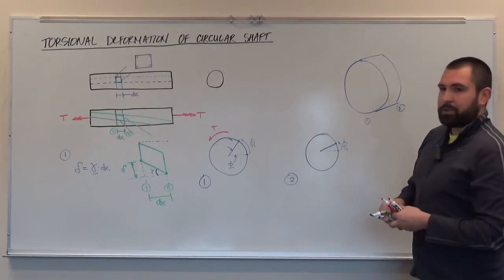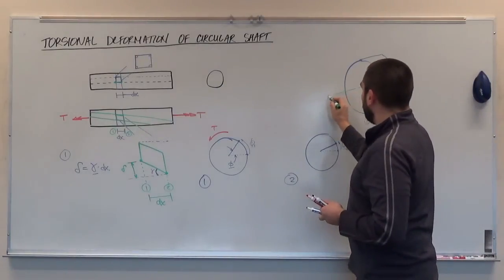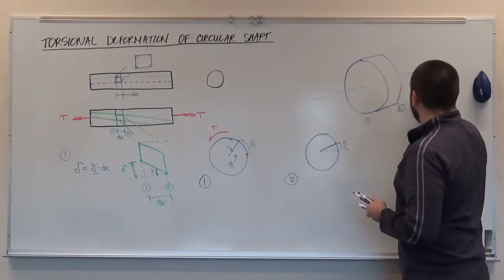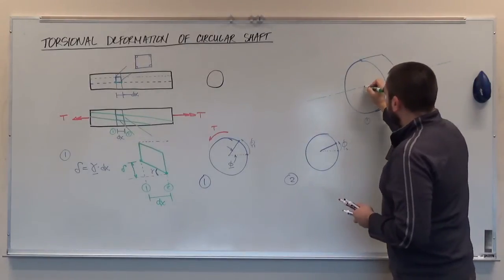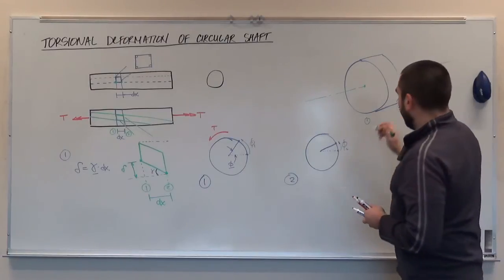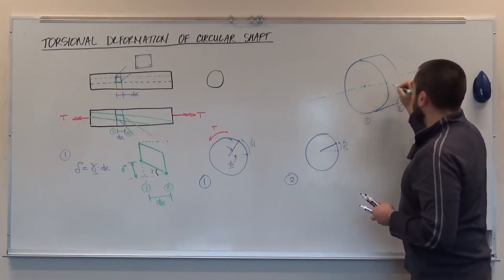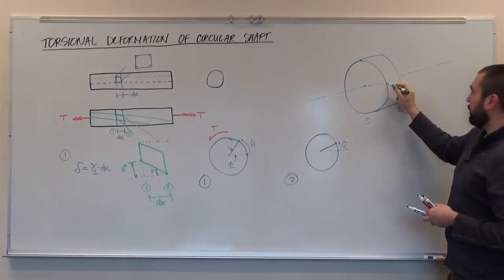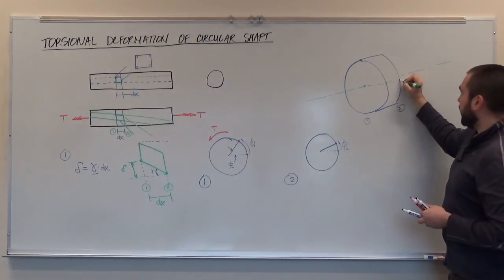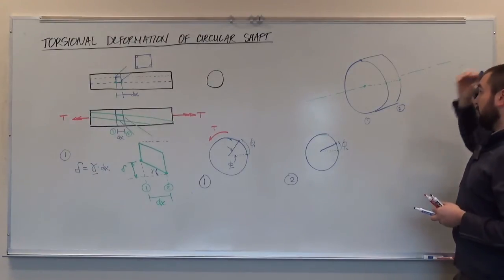Okay, we're going to have a longitudinal axis passing through. And from the centroid of this section right here, let's say that we originally started out with a point on the surface that we painted on both section number 1 and section number 2, the same orientation.